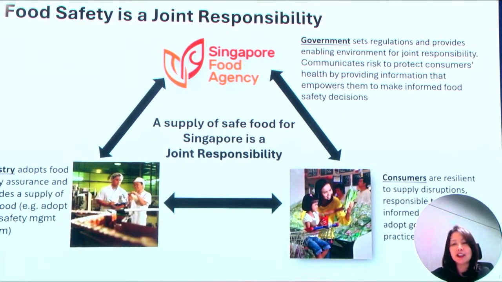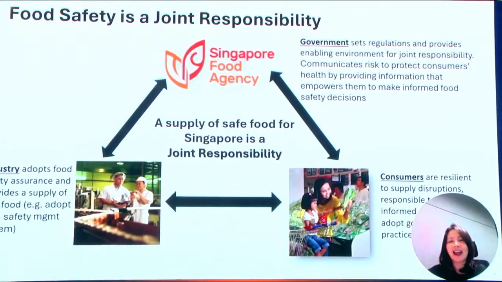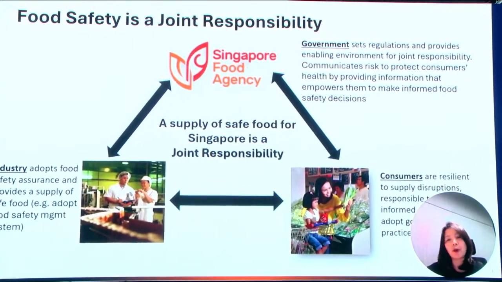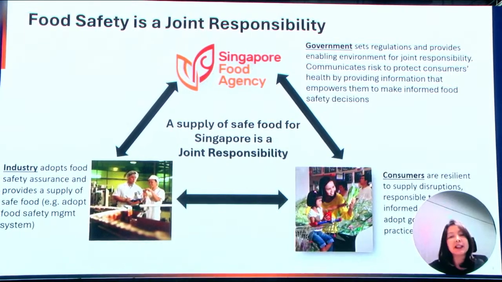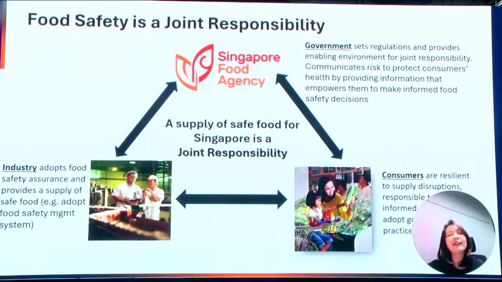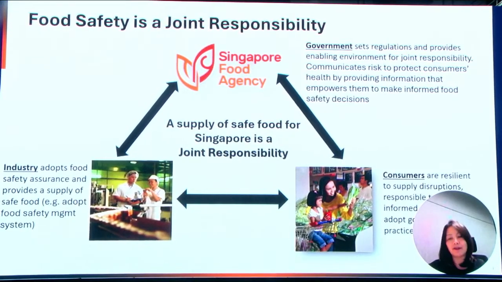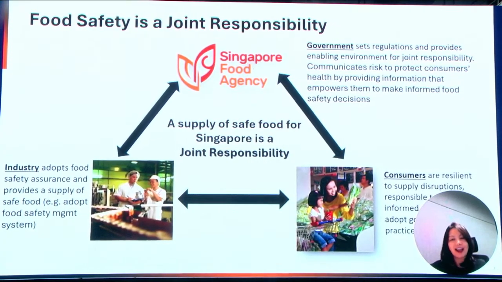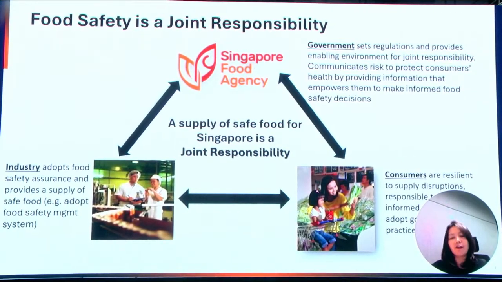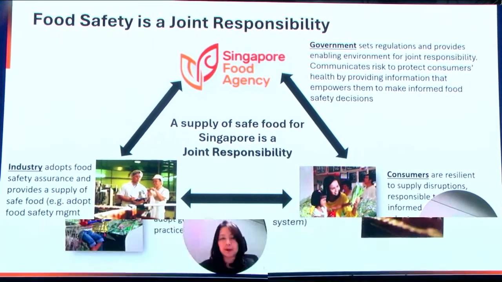The industry can adopt food safety assurance and enhance its food safety competency, for example through adopting a food safety management system to give consumers the assurance that what they are eating is safe. Consumers can also play their part by being aware of food safety risks and taking necessary precautions to keep food safe for their families and for themselves.